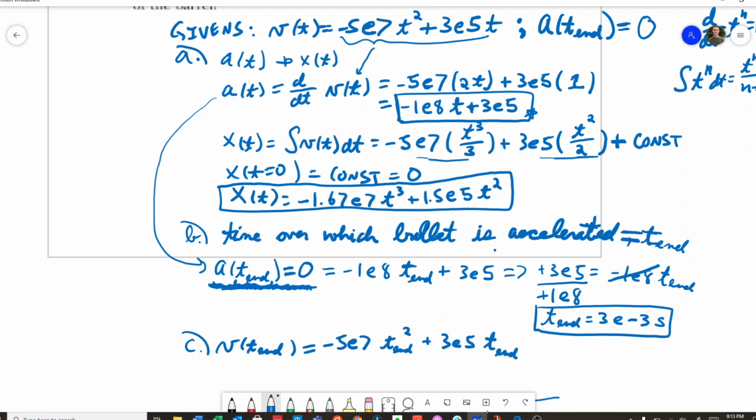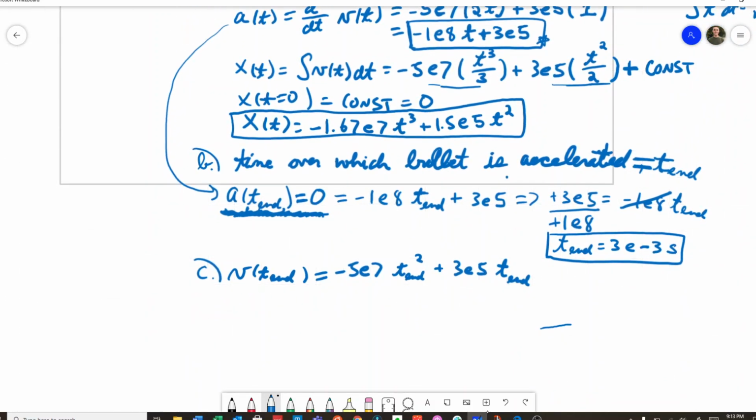Okay. And if I plug in 0.003, that would be 3 times 10 to the minus 3 into this. Then I will have that this is equal to, just plugging this into my calculator, about 450 meters per second.